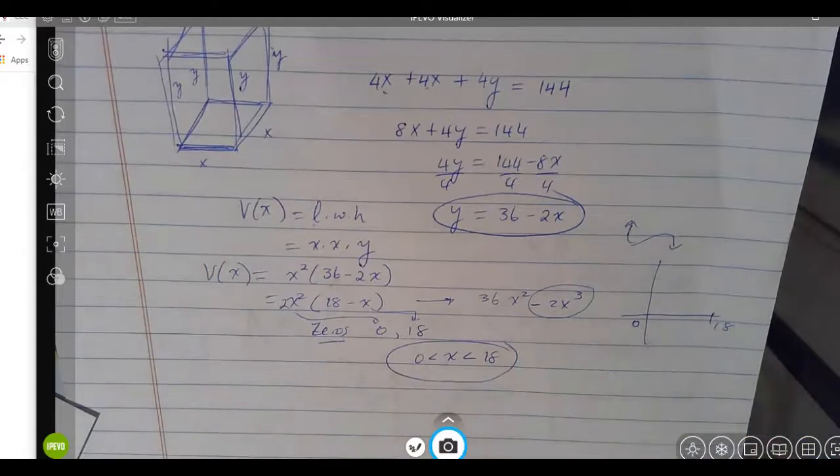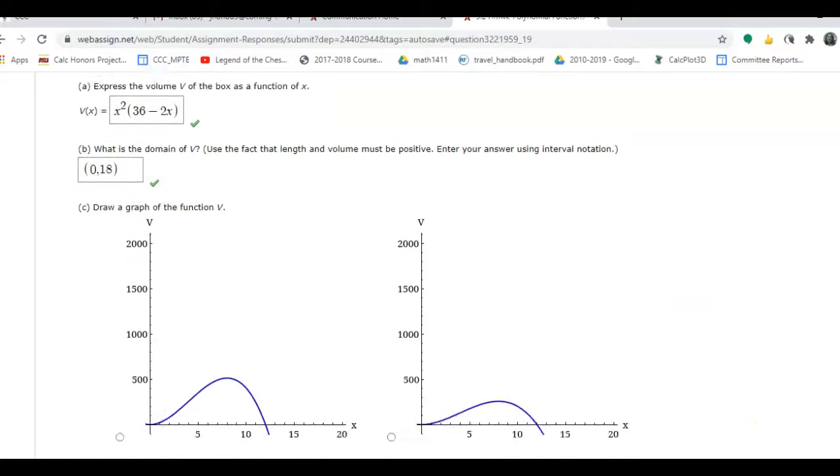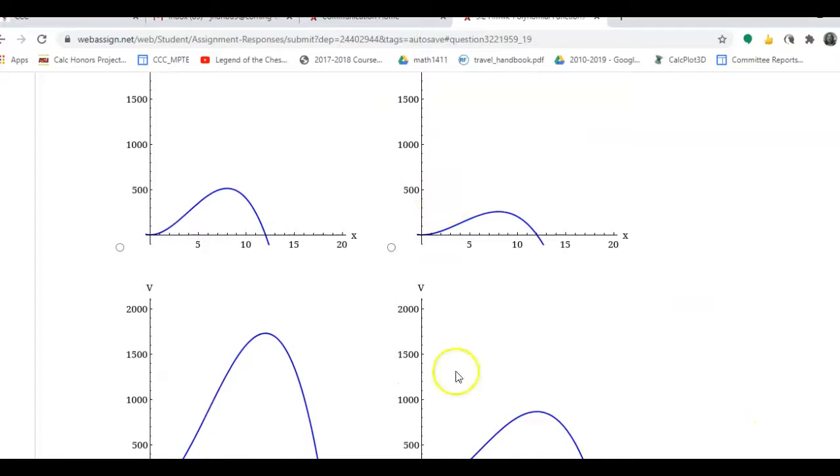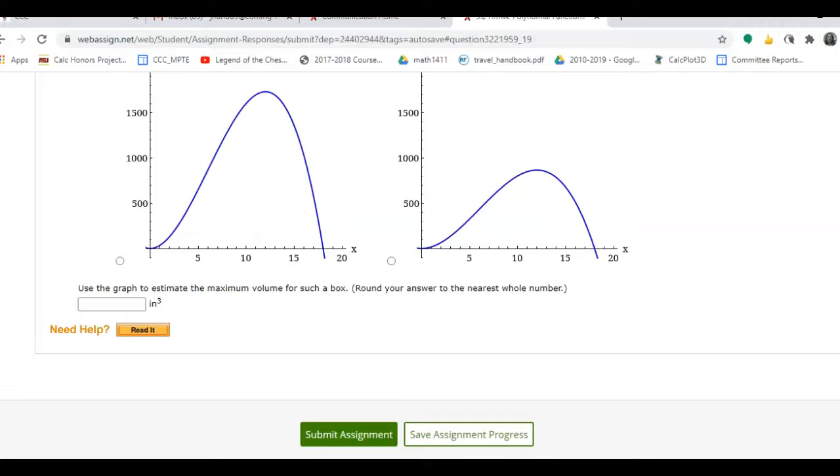So we'll have to check and see which of those options given will match. Again, you can check the scale using your calculator and pick the right graph. So we'll come back to that in a minute. The last part is just to find the maximum volume. So once you pick the graph, that'll pretty much do it.